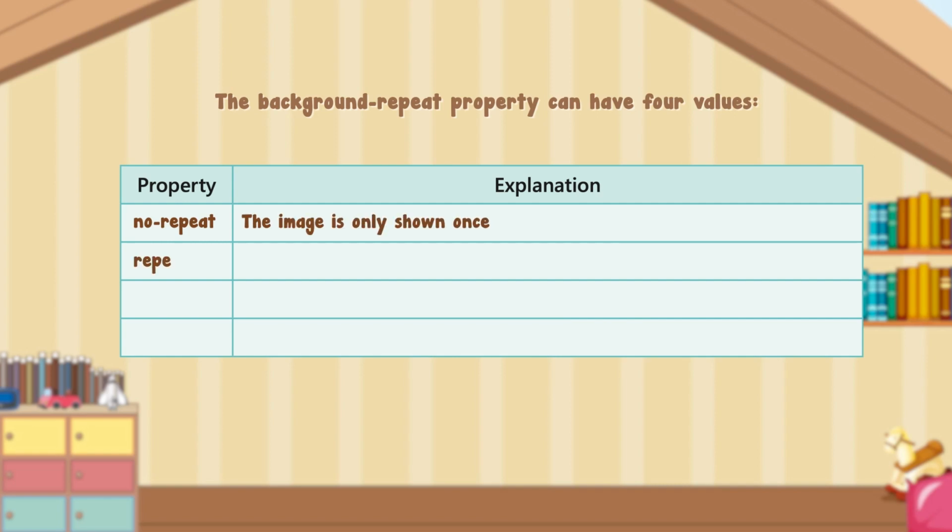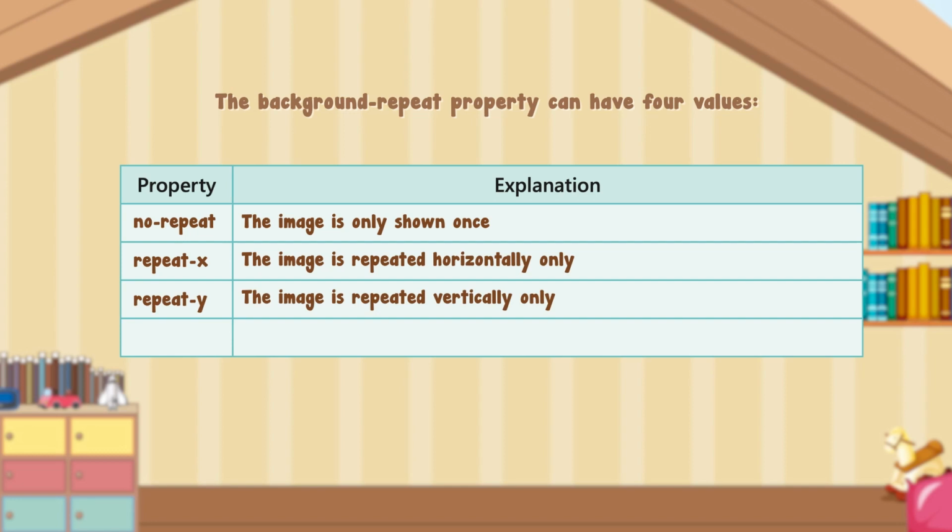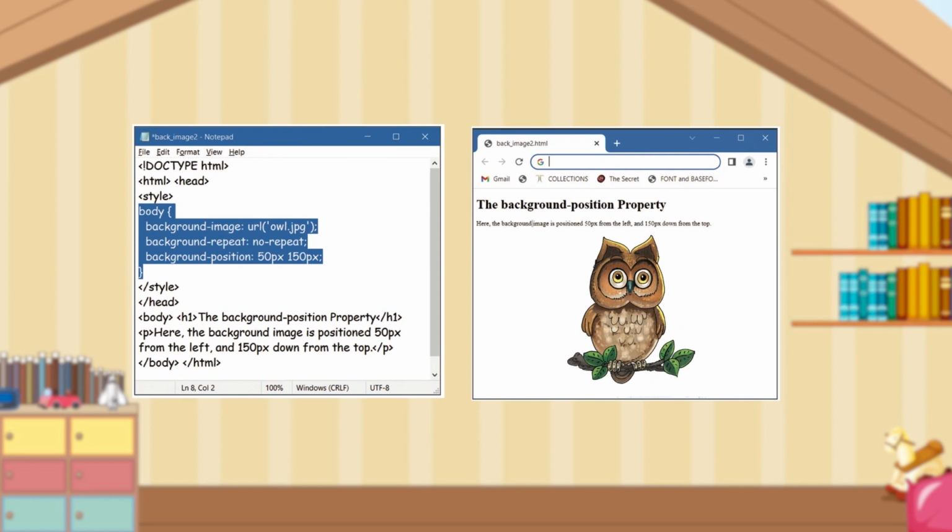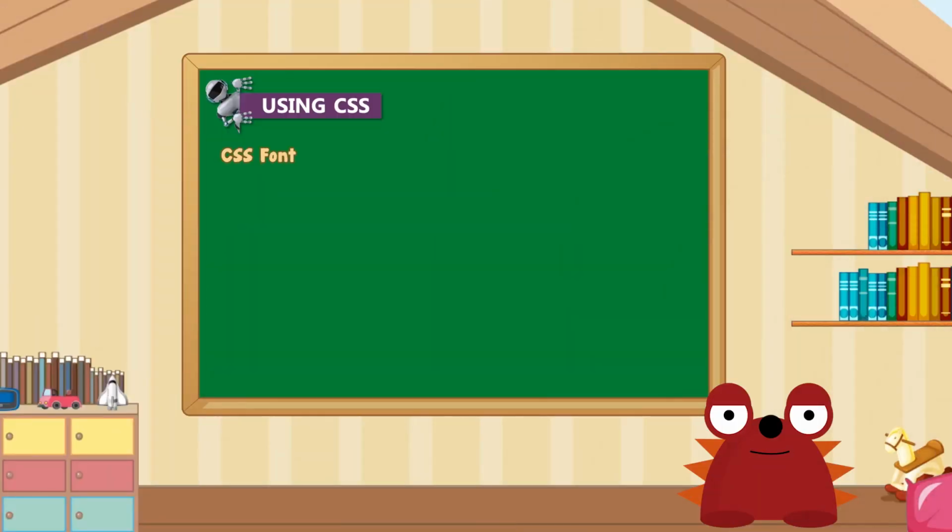Second is repeat X, the image is repeated horizontally only. Third is repeat Y, the image is repeated vertically only. And the fourth is repeat. The background image is repeated both horizontally and vertically. Here is an example.